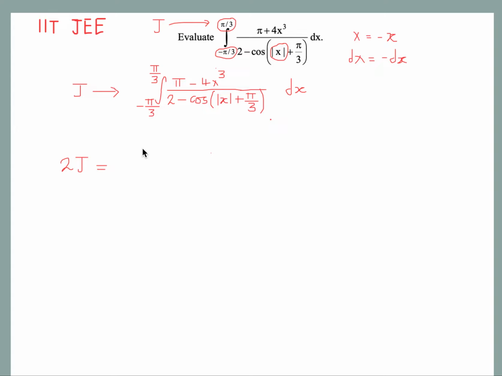That's going to equal the integral from negative pi over 3 to pi over 3. The pi's are going to add, so I'll have 2 pi, and the denominator is just going to stay the same: 2 minus cosine of the absolute value of x plus pi on 3.